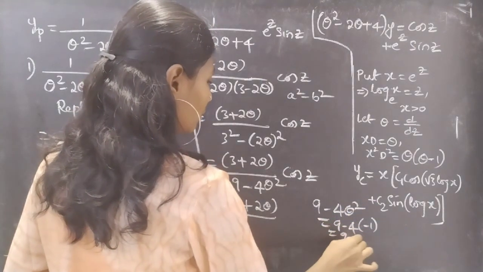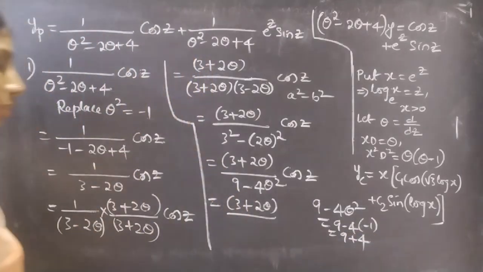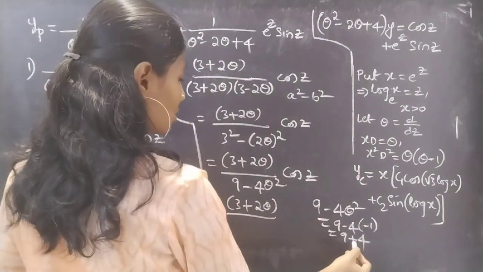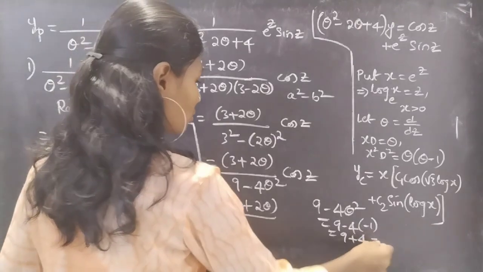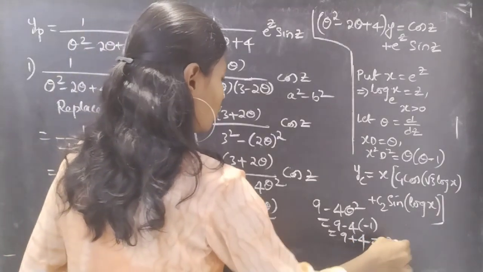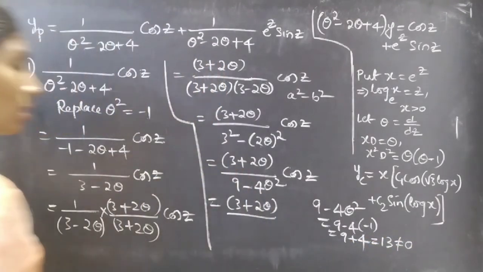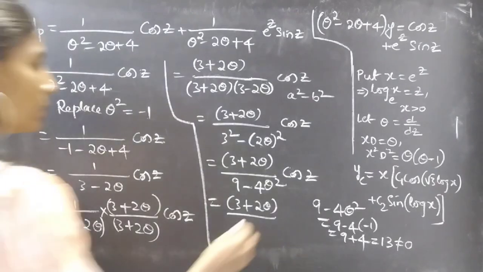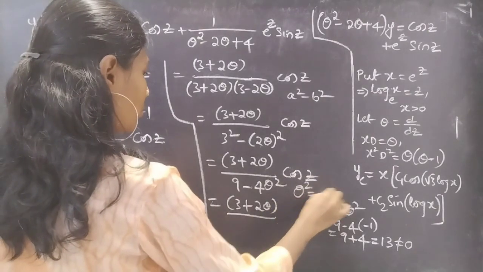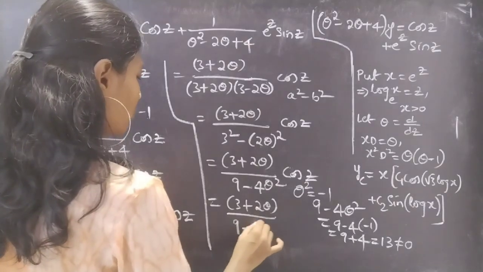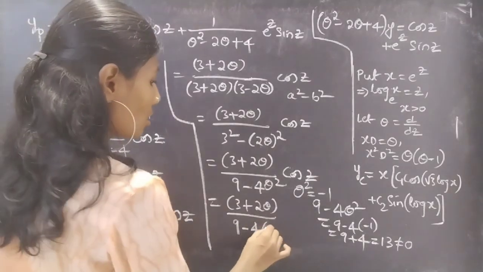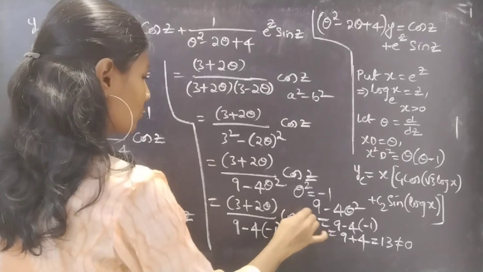We'll get 9 minus 4 into minus 1, plus 4 into 1, which equals 13, non-zero, right? So let's replace theta square by minus 1 in the denominator. We'll get 9 minus 4 times minus 1 into cos z.